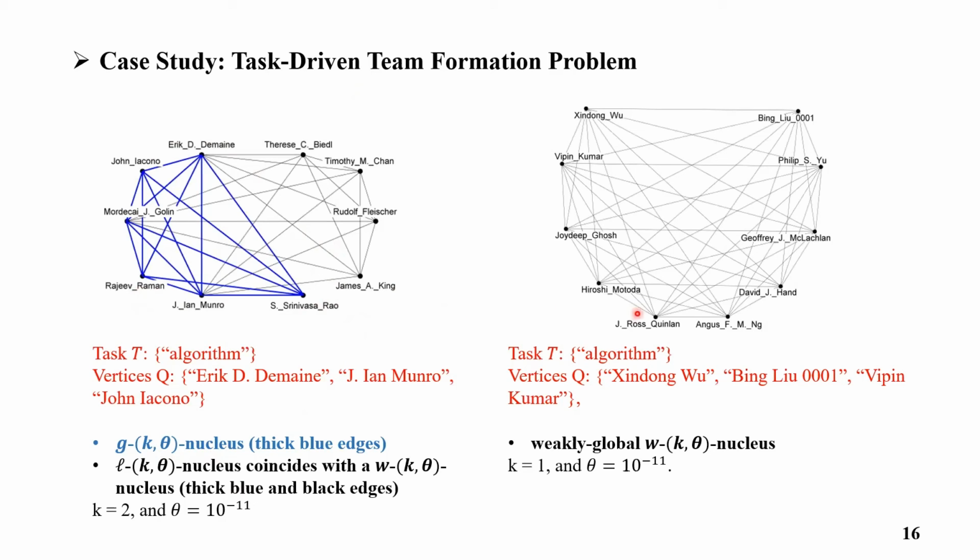Also on the right, you can see our weakly global nucleus subgraph, which contains these authors as well as the other authors. For both of these graphs, you can see that all these academics have good affinity to collaborate on paper research related to algorithm.